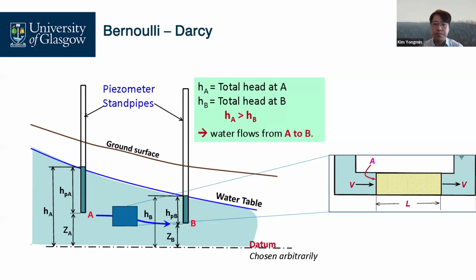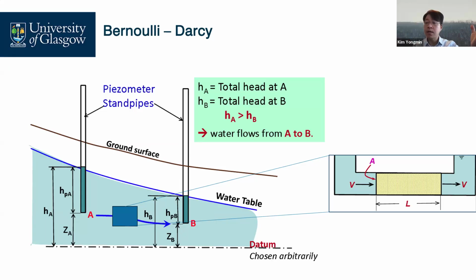So in other words, Bernoulli explains why water flows, and Darcy tells me how fast it flows in soil. Okay? Again, the Bernoulli equation explains why water flows from here to here.